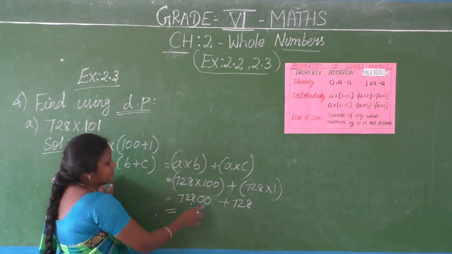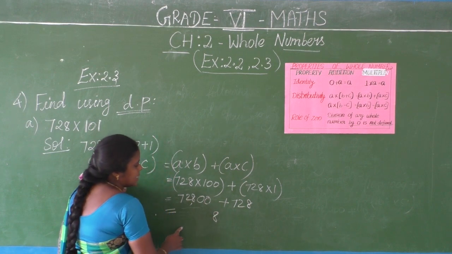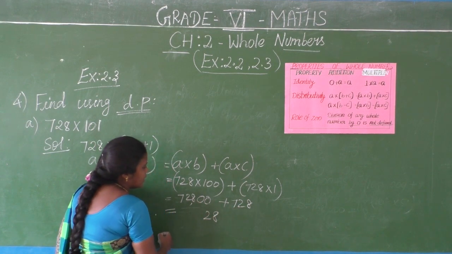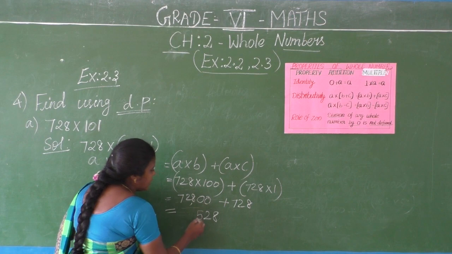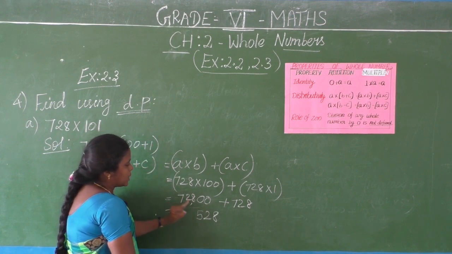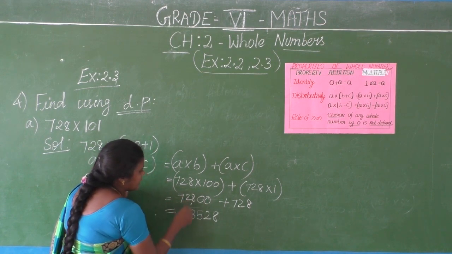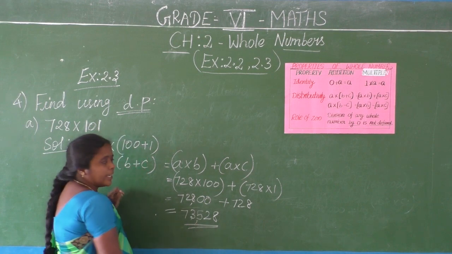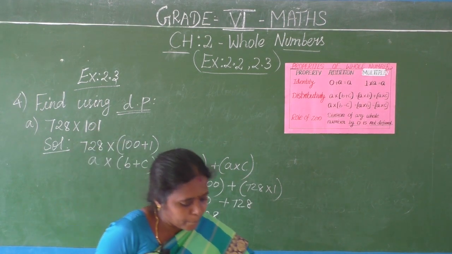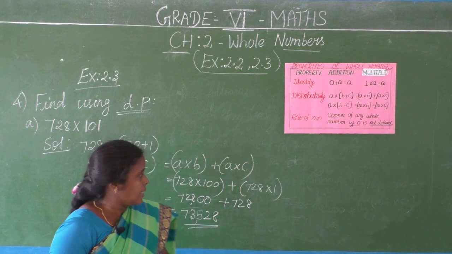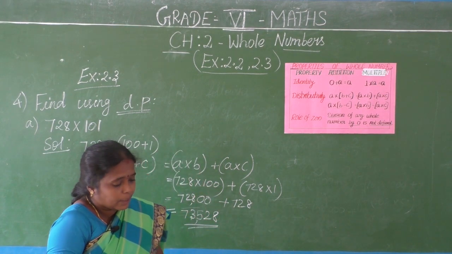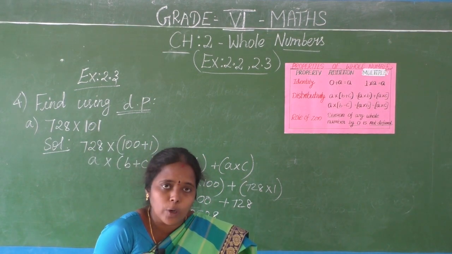Add both answers. 0 plus 8, 8. 0 plus 2, 2. 8 plus 7, 15. Remainder 1. 2 plus 1, 3. 7 as it is. So 73,528. That's all. Like this, the remaining 3 questions given, you have to split.